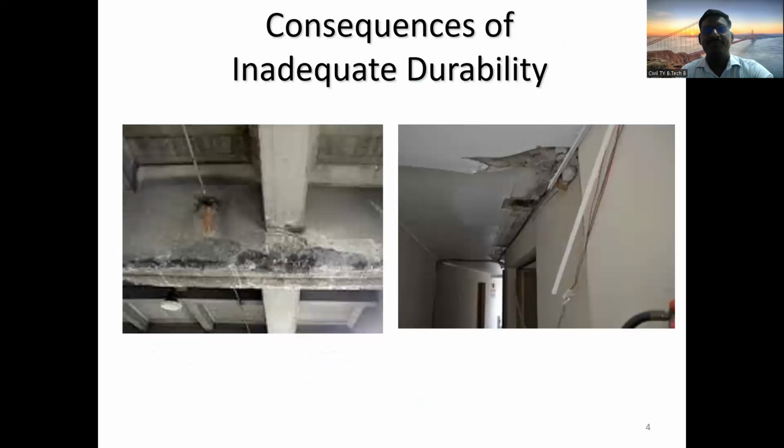So if you see here the consequences of inadequate durability, you can see some pictures. Here you can see some external attack. Here some faulty construction is there, so due to that we cannot increase the durability of this particular structure.